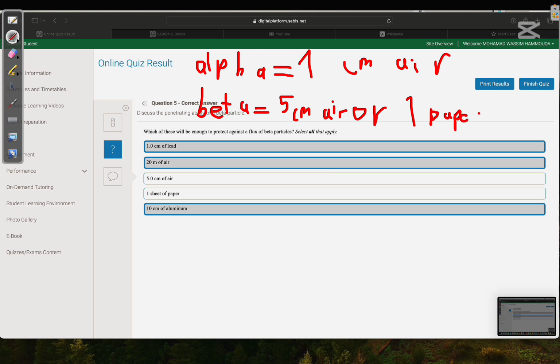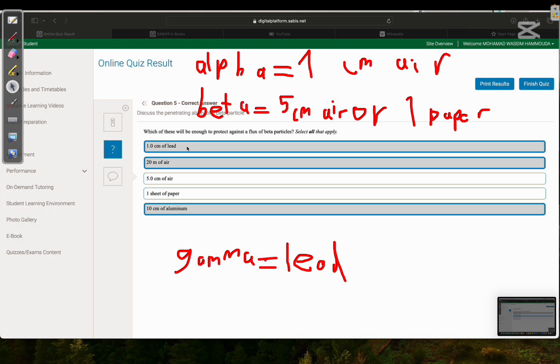While gamma is the strongest, one of the only things that can stop it is lead. And lead is so far the only thing that we took that can stop gamma. So here, which of the following will be enough to protect against a flux of beta particles? It's everything except the ones that I mentioned here. Okay.